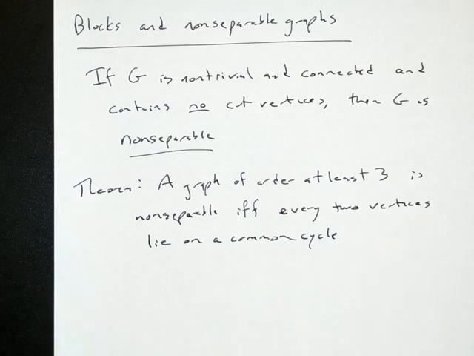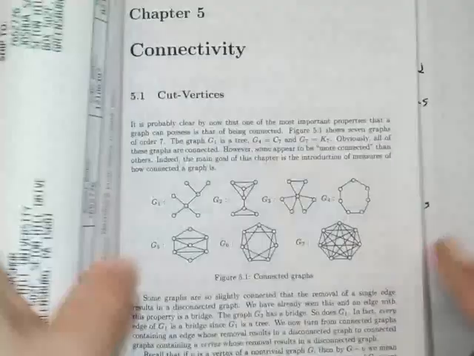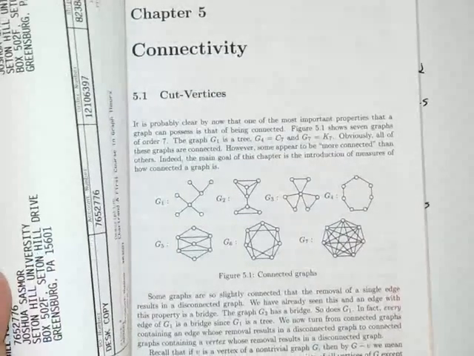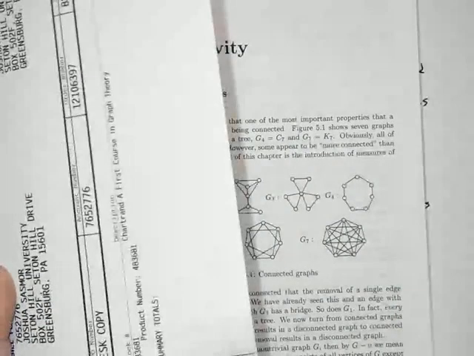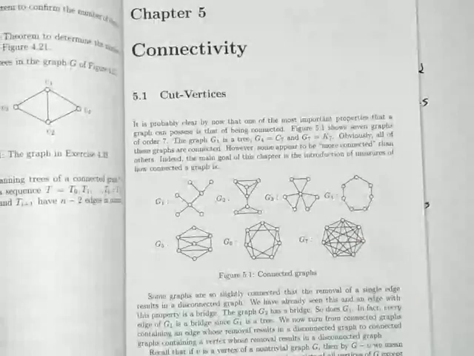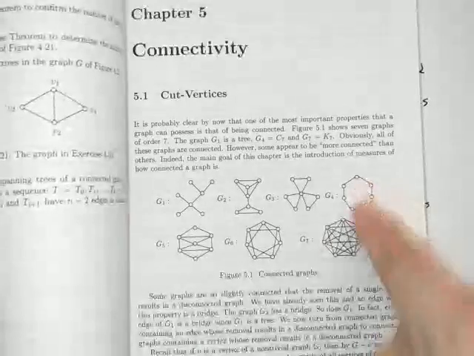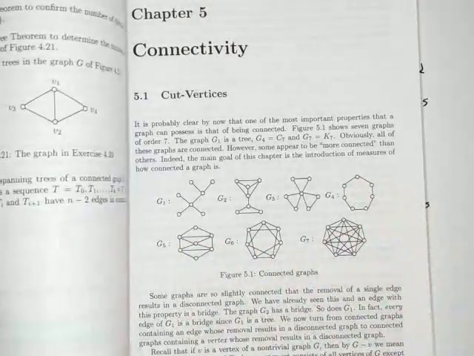All right, wait a second. Let me go back to my pictures. On page 107, pick one of the graphs that we said was non-separable, 4, 5, 6, or 7. And let's pick any two vertices on one of those graphs. Is there, between any two vertices, a cycle?